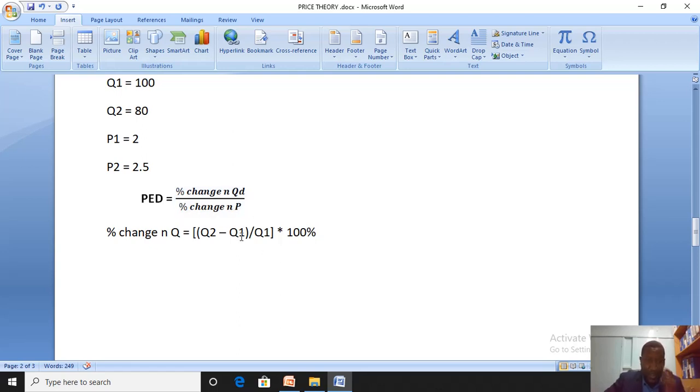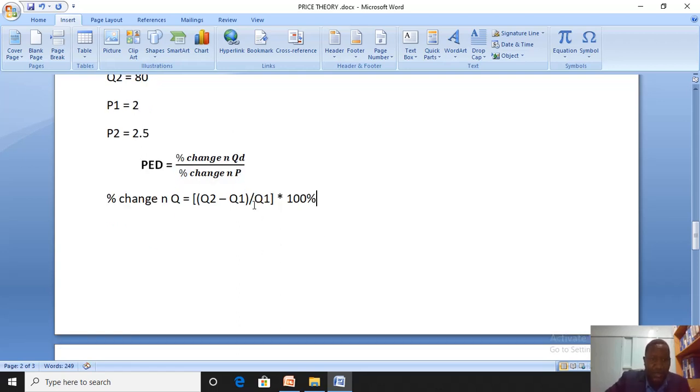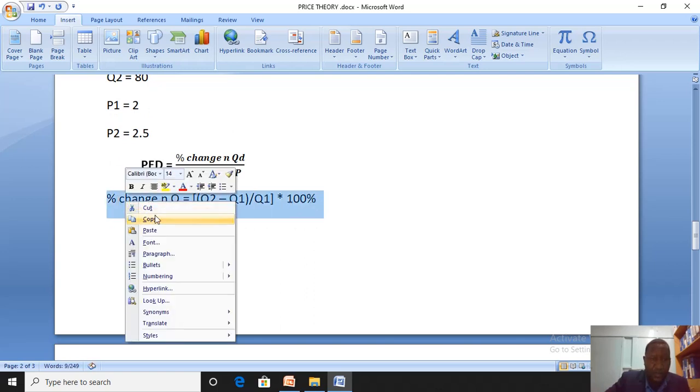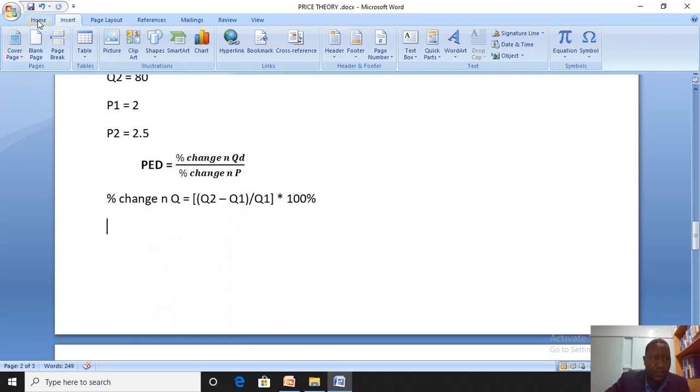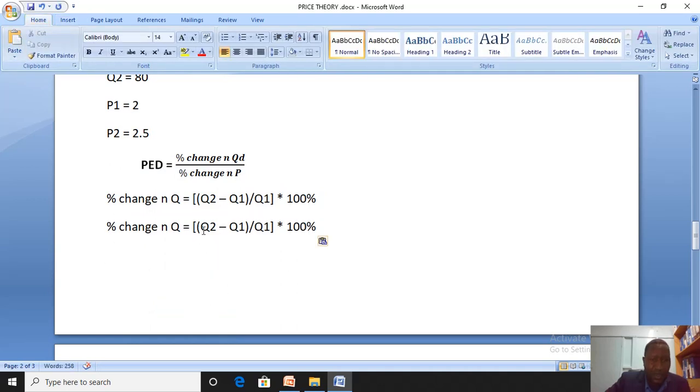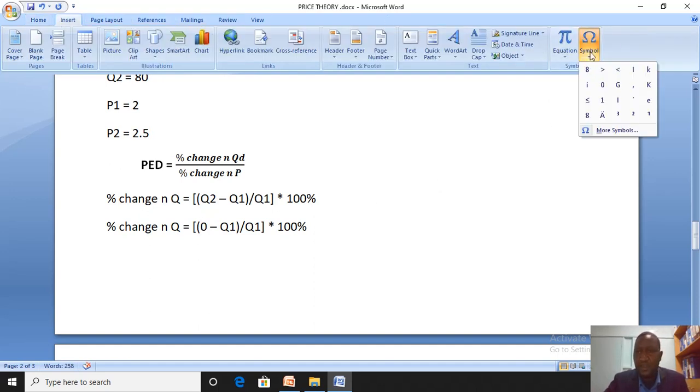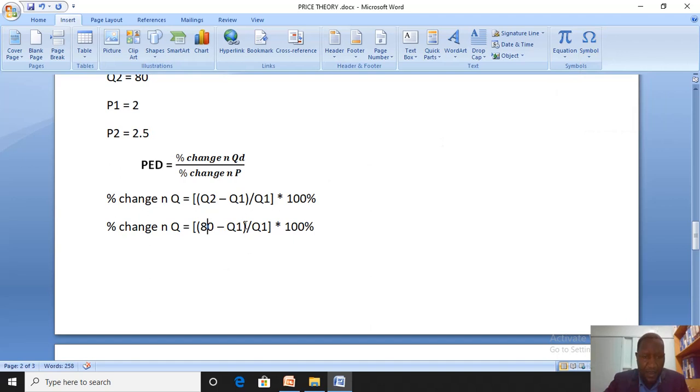So if we do this, our quantity 2 is 80 and our quantity 1 is 100.